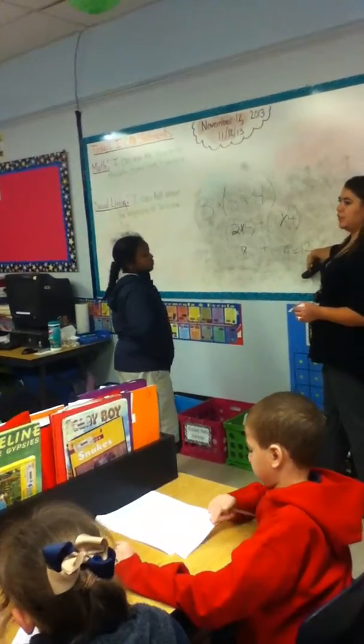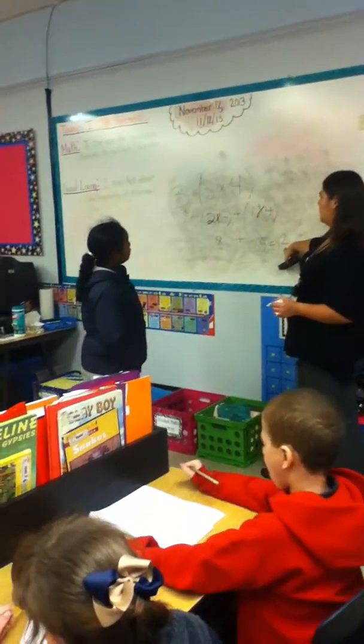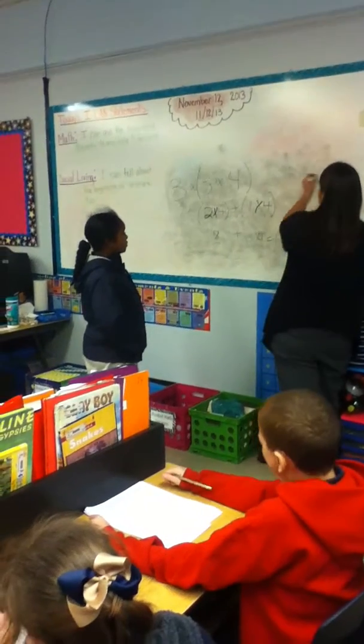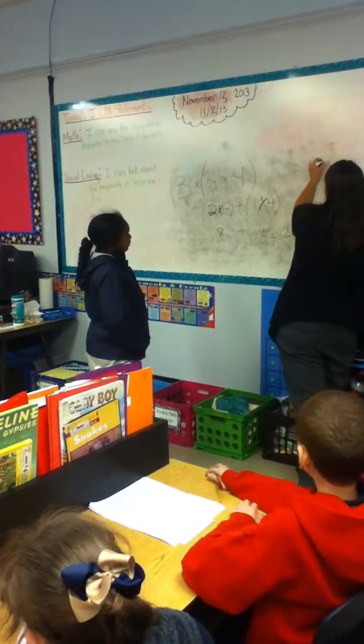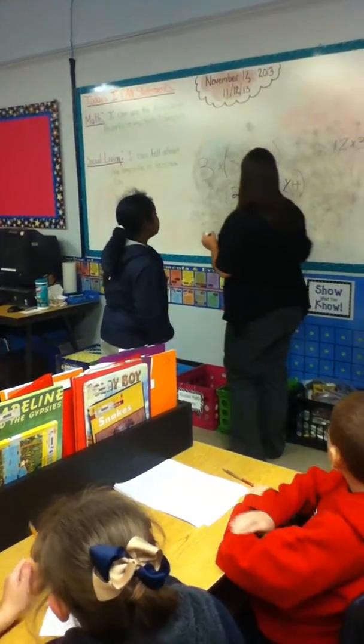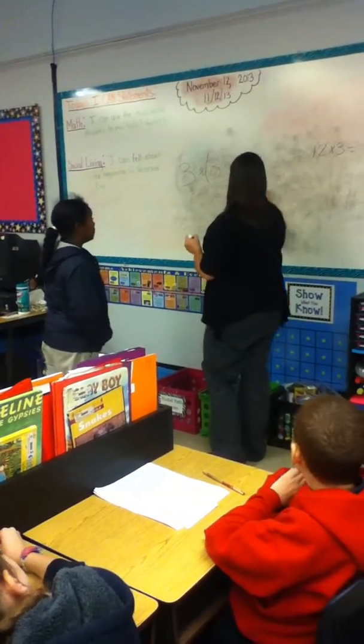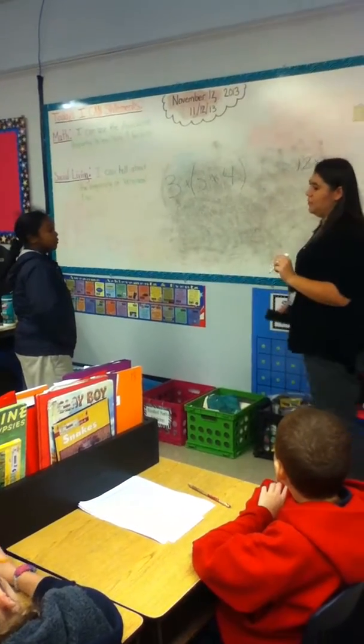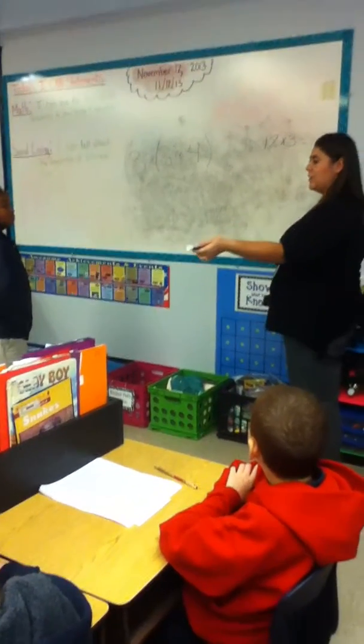No. Now what do we need to do? 12 times 3. So now we need to do 12 times 3. Okay, so what do we need to do in order to solve this? Distributive property. We're gonna do distributive property. Isabella, thank you, Kevin.